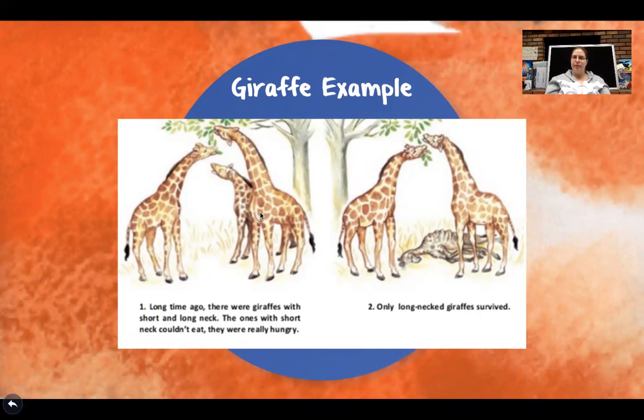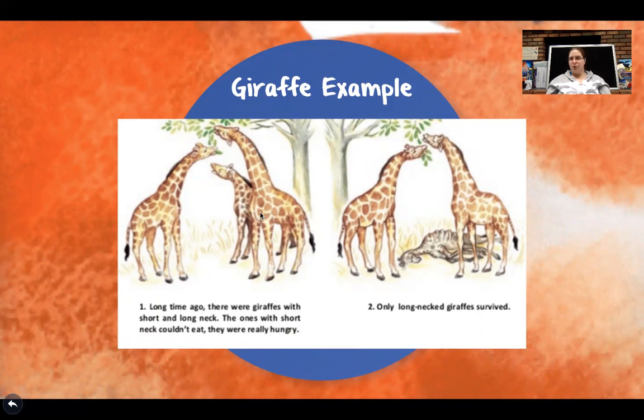So there was less competition. They didn't have to compete with the zebras and the gazelles and the wildebeest and the rhinos or anything like that for food, because none of those organisms could reach the top leaves. So those with the longer necks had less competition for food, and those with the shorter necks had more competition.